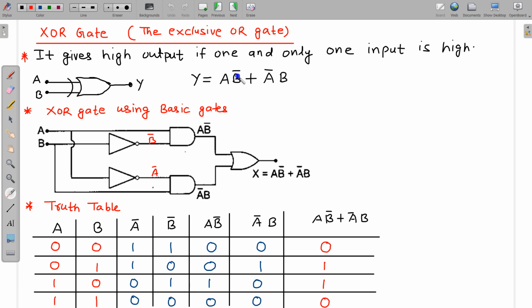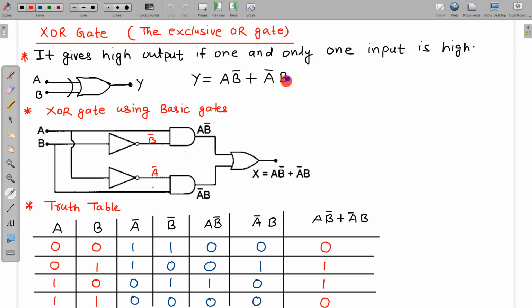And how do we make this gate? We can make this gate using basic gates, and to make it we are using this kind of system. First we have to make A B bar. Suppose this is A, and this is B, and this B is fed into this NOT gate, so it is B bar, and this A and B bar are now fed into this AND gate, so it will become A B bar.